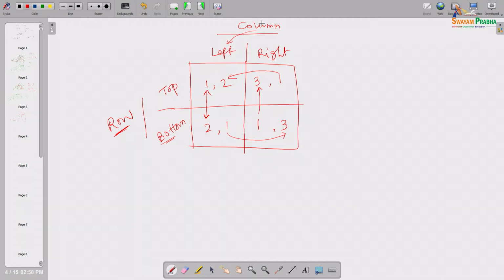Look, when Column knows that Row is going to choose bottom, what is best for Column? It is not left, it is right, because Column is comparing between these two numbers, 1 and 3. So, choosing right.